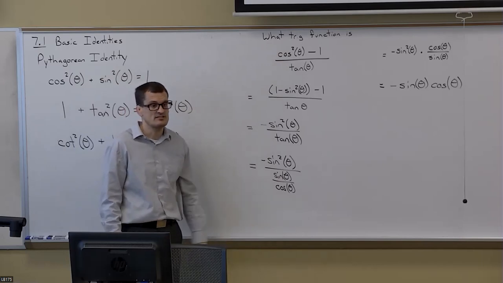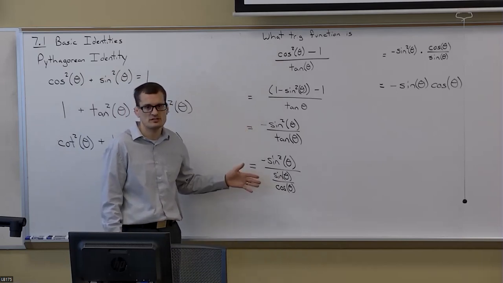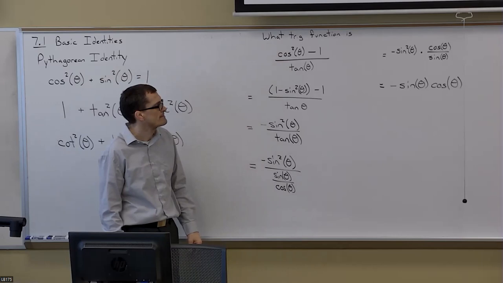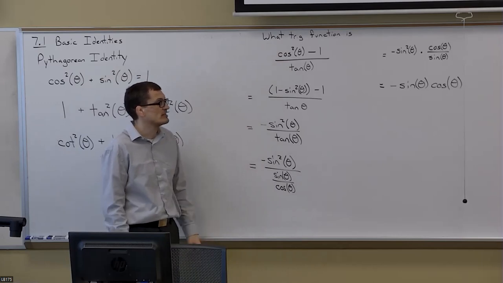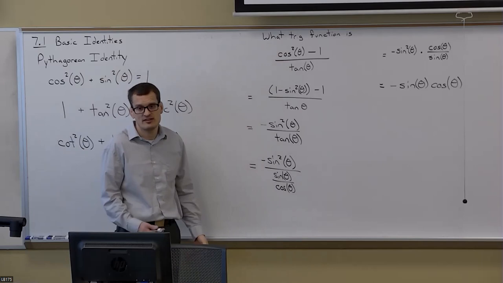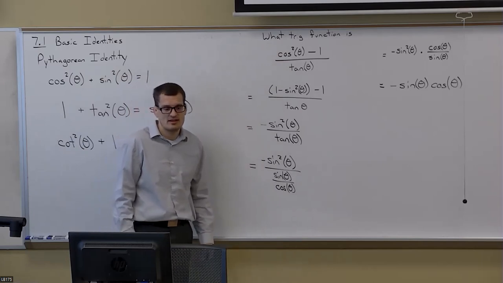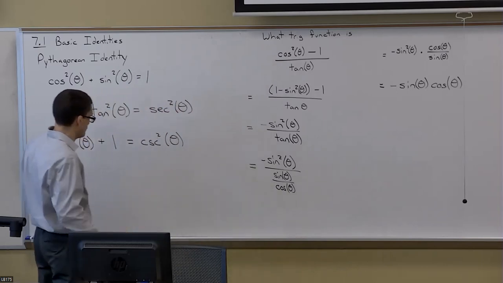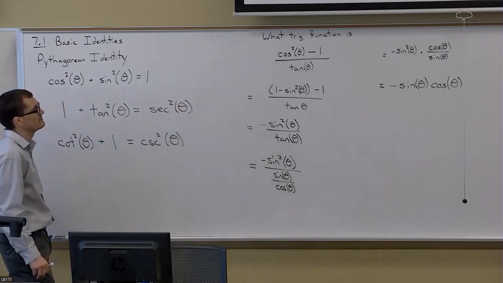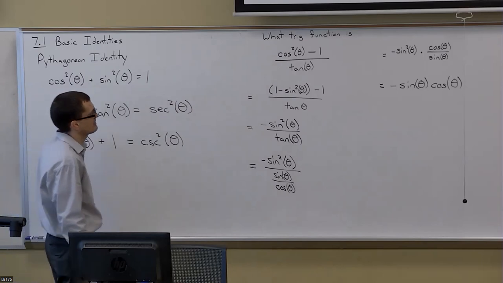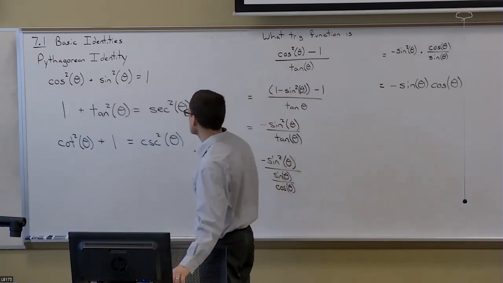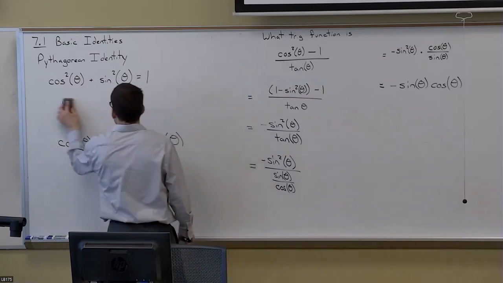And in this case, manipulating cosine squared gave us the probably better option. That might not always give us the better option, but in this case it did. And so we're going to be using those types of things. Let's do another.